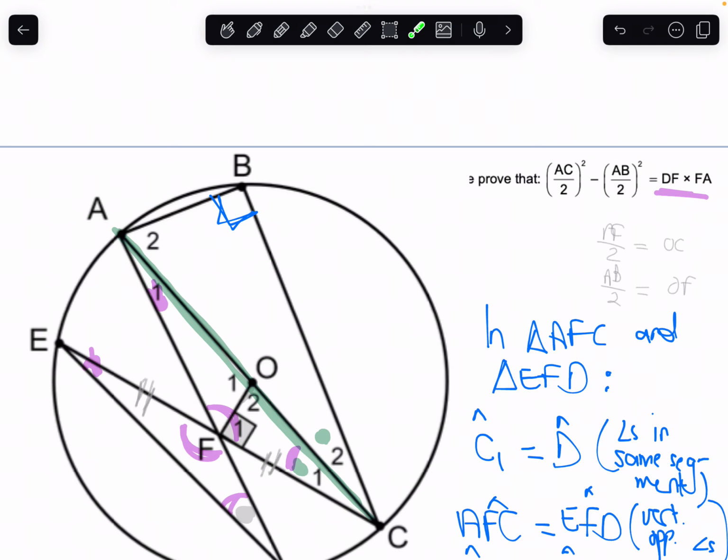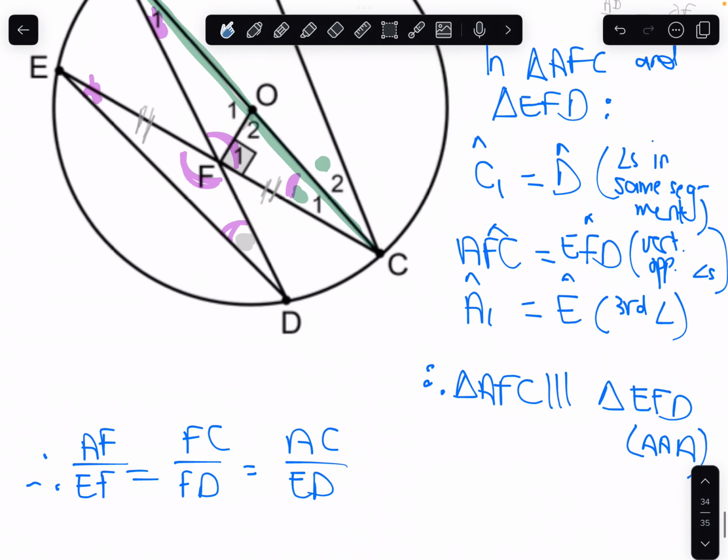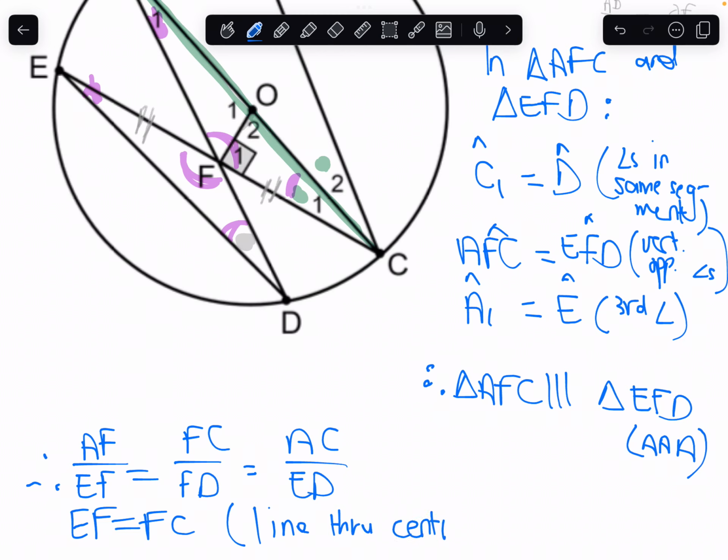What this helps us to do is to rewrite these terms in terms of sides that are in this triangle. And then we can show that this is actually Pythagoras in disguise. So what I'm going to say here is, we know that EF is equal to FC because of line through center perpendicular to chord, and the chord we're looking at is EC.